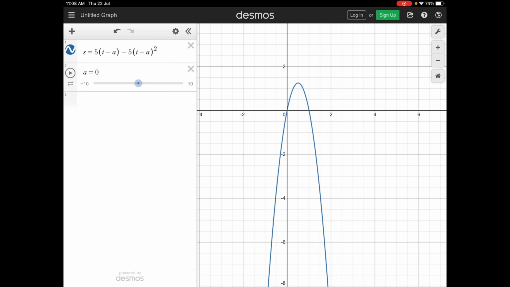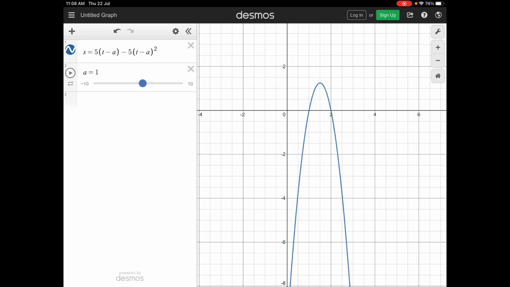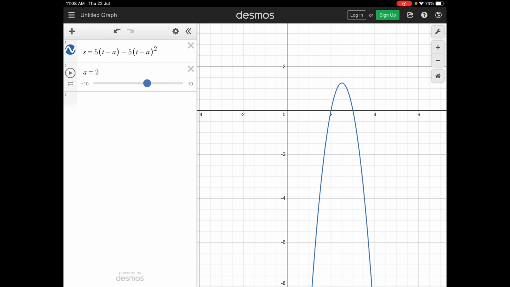So if we remember back to translations, what we're actually doing is saying that starting time, that displacement, I want to keep it 0. I want to make it 0 up until 2 seconds because that's when we threw the ball. So what we do is we just translate the graph over 2 units. And now you can see that, if we ignore everything below the x-axis, the displacement for this graph remained 0 up until 2 seconds when it was thrown in the air and then came back down to the ground.